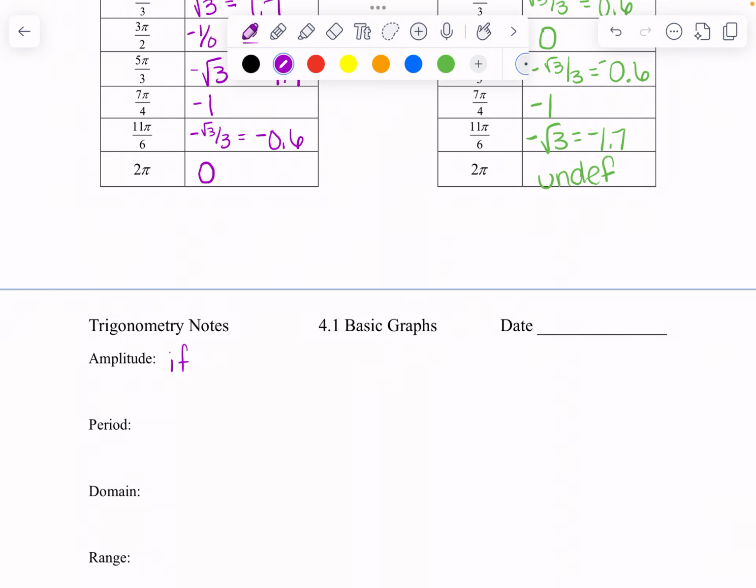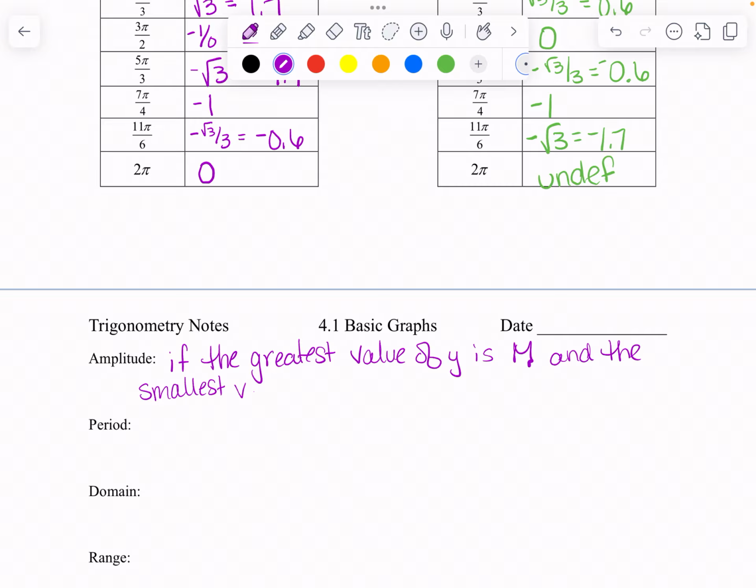It says if the greatest value of y is capital M and the smallest value is lowercase m, then A, we talk about capital A being amplitude, is 1/2 the absolute value of capital M minus lowercase m. Okay? All right, so let's go look at a graph and see what that means.